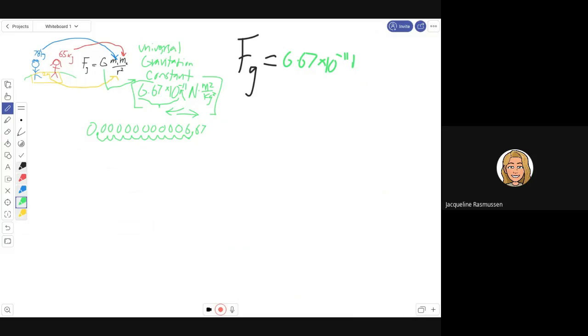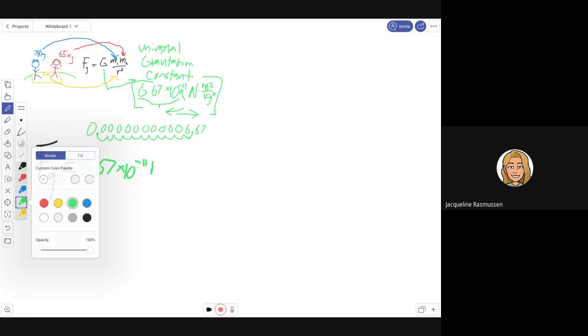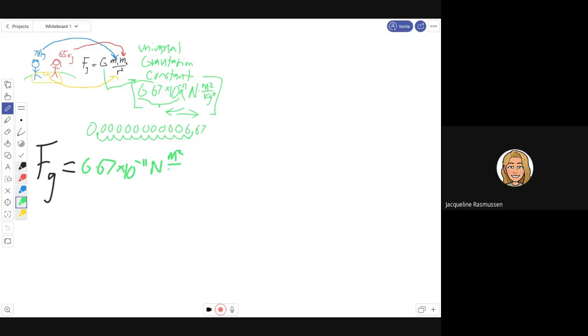I'm going to run out of room, so we're going to move that and put it down here. Okay, sorry. And that's newtons times meters squared over kilograms squared.